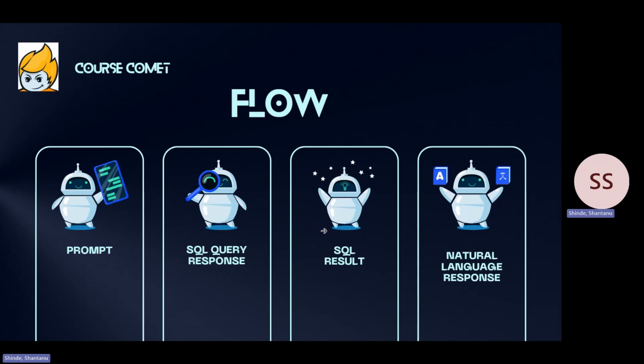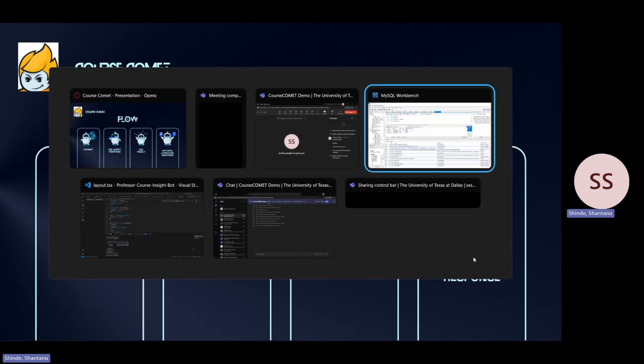Once we have the SQL results with us, we send those results back to large language models to generate the natural language response, and that response is smartly handled to describe to the viewer what they intend to have.